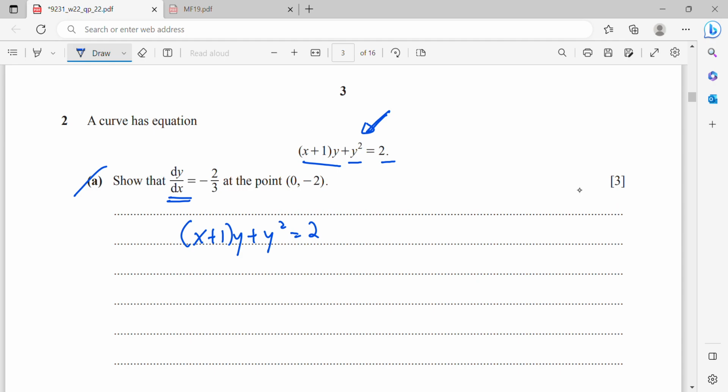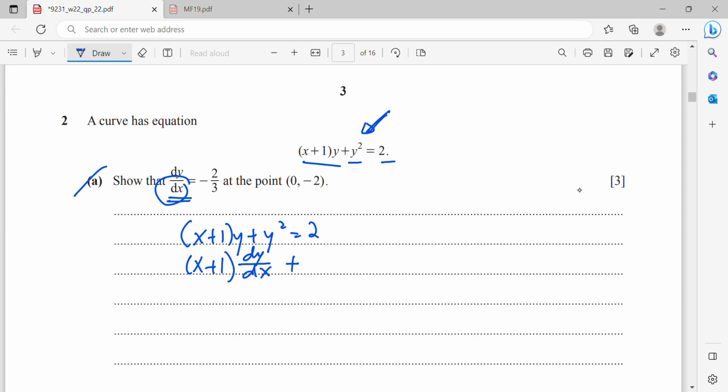Just differentiate as usual. Since the first term consists of x plus 1 multiplied by y, we are going to apply the product rule. According to the product rule, we keep the first, which is x plus 1, and differentiate y with respect to x, because you need to find dy/dx. Differentiating y with respect to x is 1 times dy/dx using the chain rule.